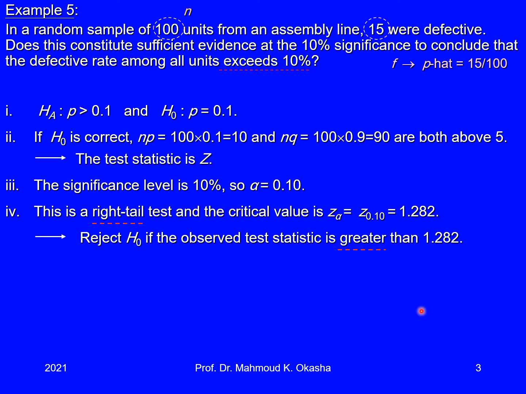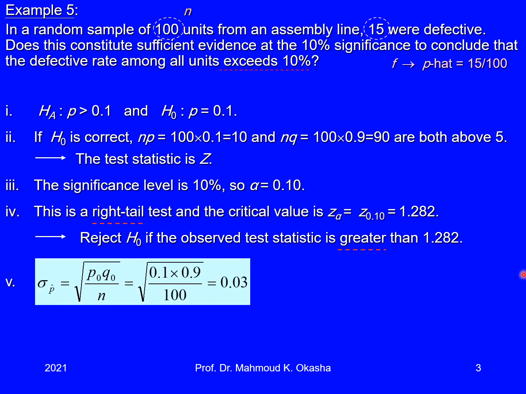So at large values, we reject the null hypothesis. That is, if the observed Z is greater than 1.282. Now we calculate the observed statistic.